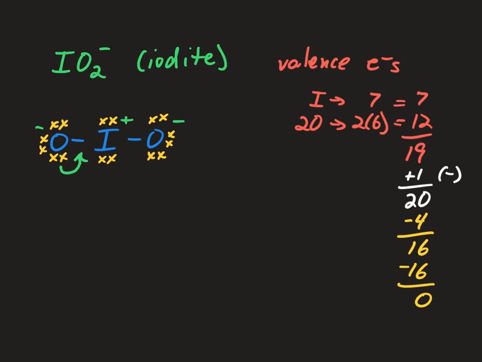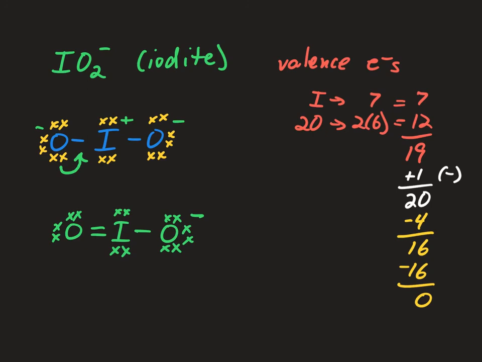So if we drop a pair of electrons in from one of the oxygens, we get a Lewis structure that looks like this. Right? We get a double bond to an oxygen. The other oxygen has all of its unshared pairs. This oxygen still has 2 of its unshared pairs. The iodine, and the negative formal charge is on the oxygen.